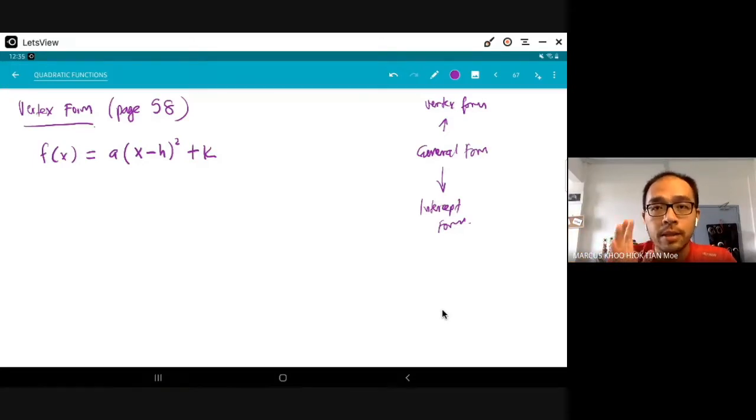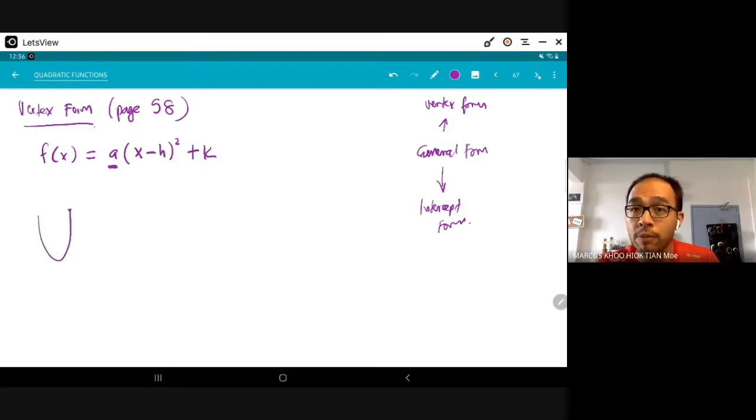But sebelum itu I want us to understand the vertex form a little bit more by looking at this activity. The first thing that we studied yesterday was what is the vertex form, which is basically a(x minus h) squared plus k. And the value of A will tell us whether it is a smiling graph, a minimum graph, or a maximum graph.